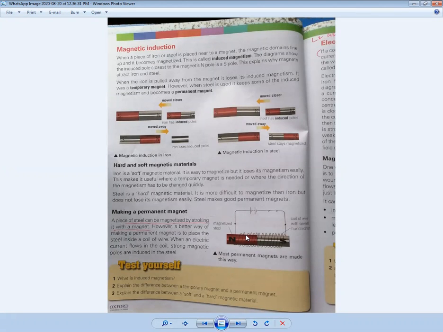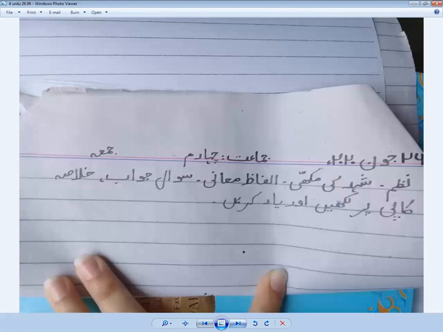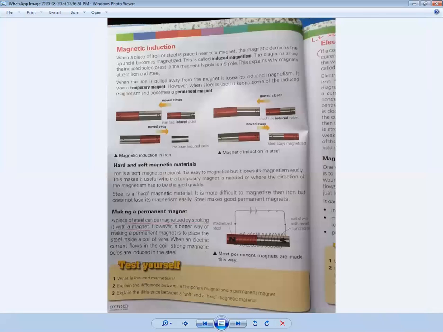And the next topic is about electromagnetism. So better please open your books and see in your books.